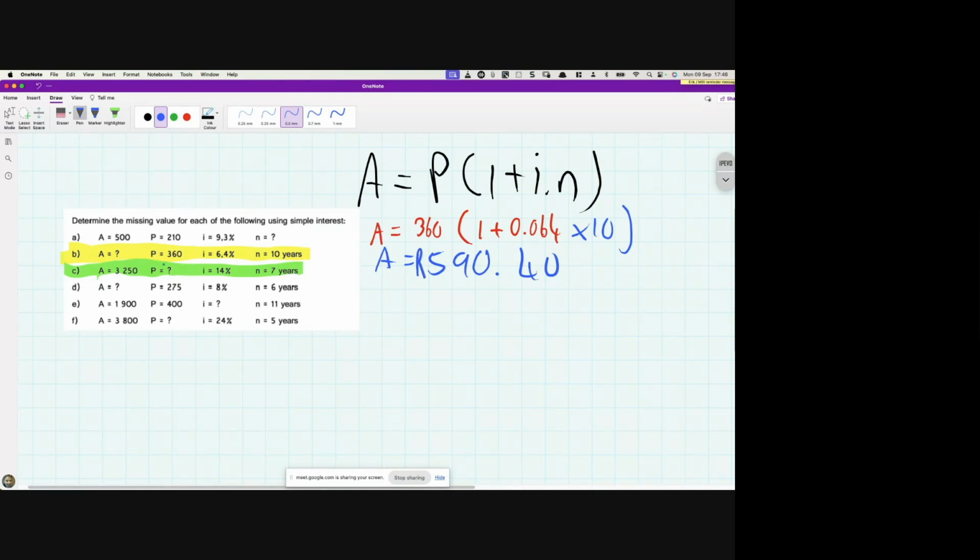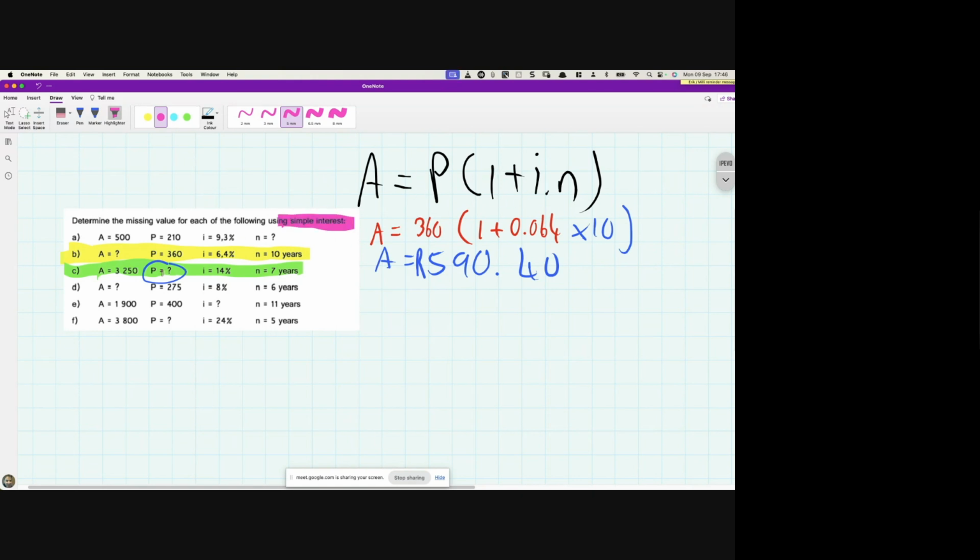Can you work out what the value of P is in this next one? So we are using determine the missing value using simple interest. And the simple interest formula is on the board here.